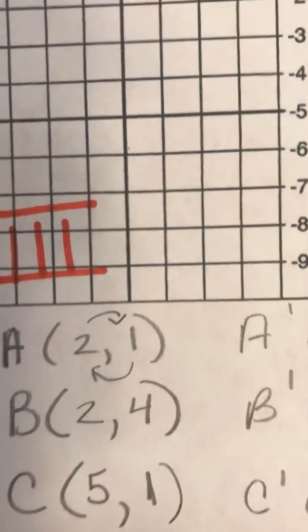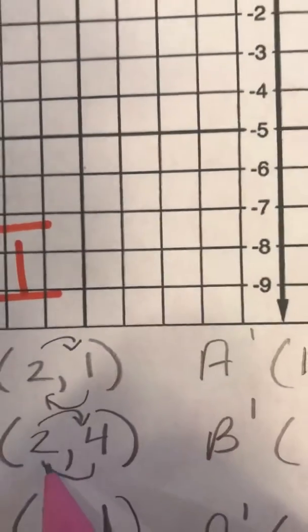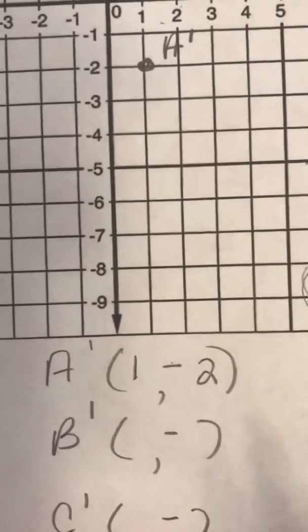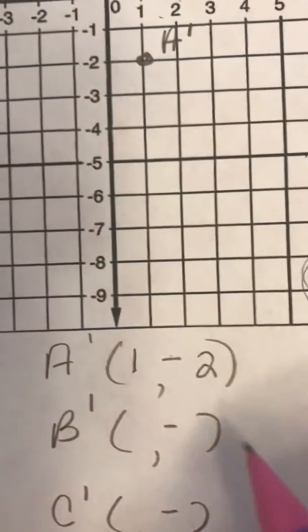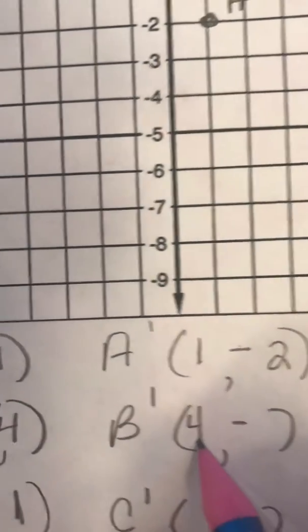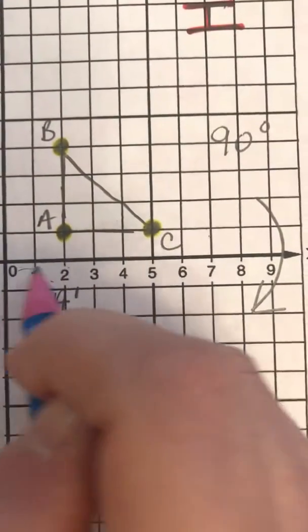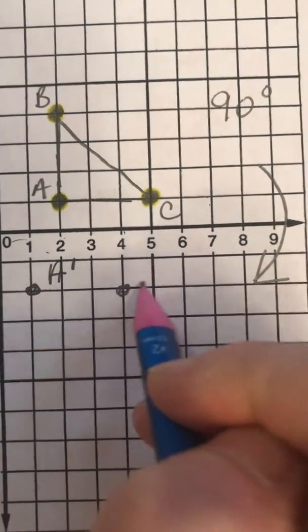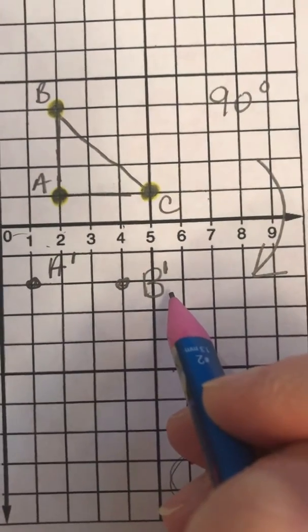Come back to my B point. (2, 4). Again, the x and the y are going to switch places. So my B, instead of (2, 4), is going to become (4, -2). So when I come up here, (4, -2). And that's my B prime.